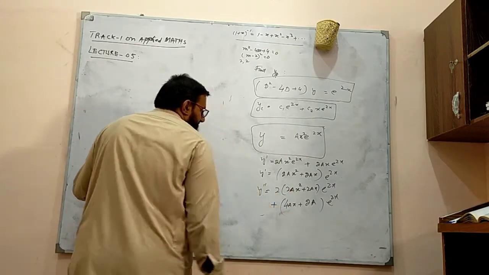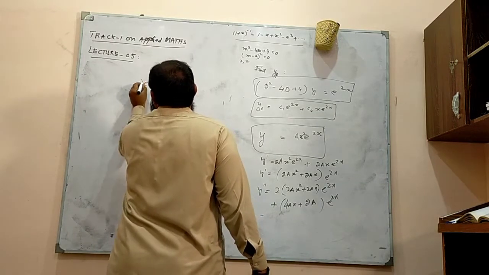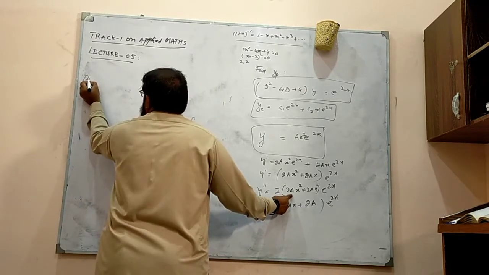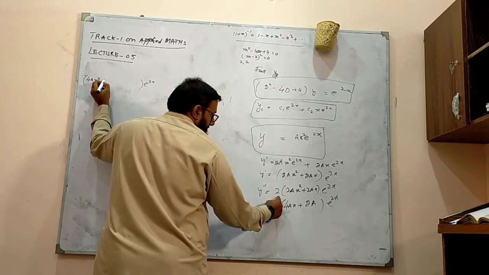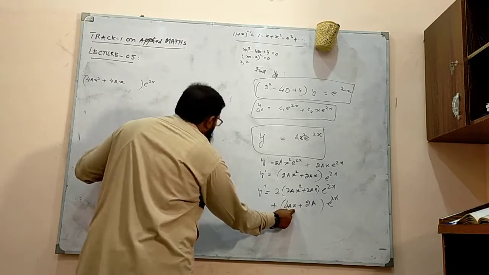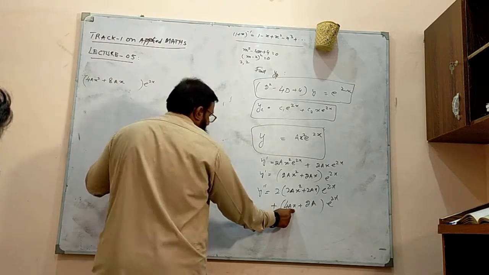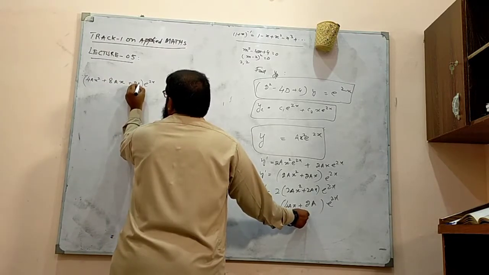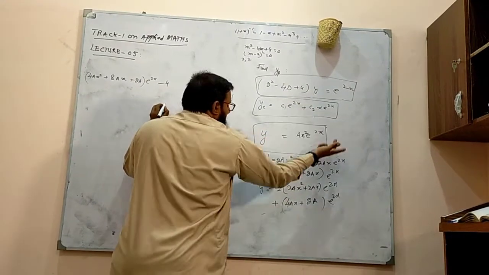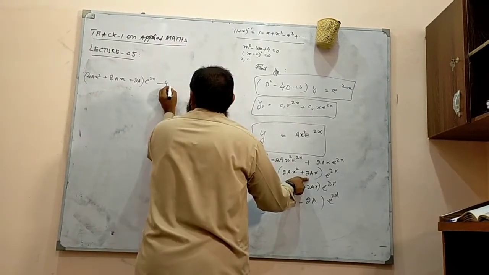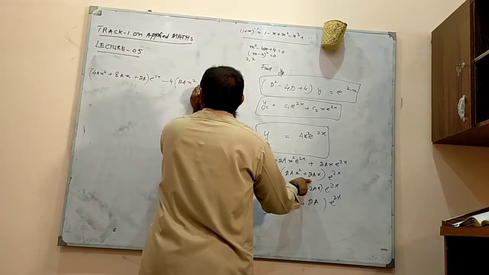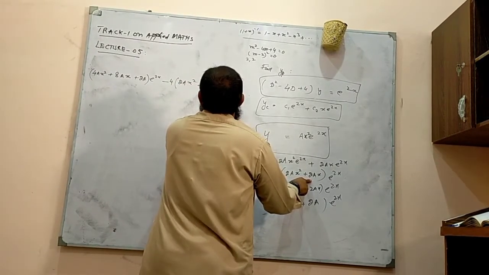I am going to put this by taking e raised to 2x common. This is going to be 4ax square plus 4ax and then 4ax, so simply 8ax plus 2a, and then minus 4 times dy, meaning the derivative, which is 2ax square plus 2ax, e raised to 2x.